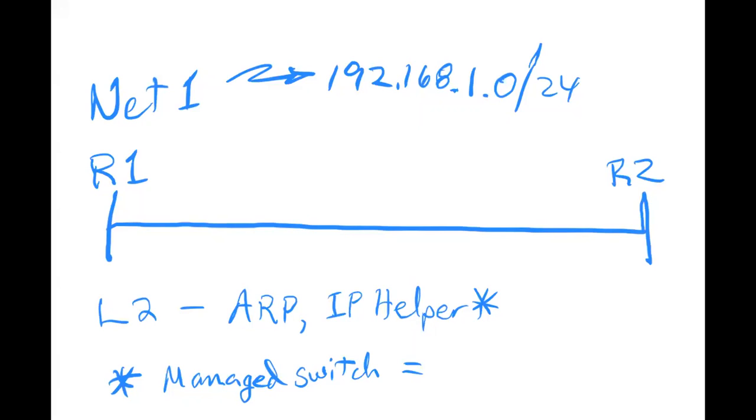So as soon as you have a managed switch, you can specify on layer 2 while ARP is going on, right? You have this broadcasting, the IP helper, and you may not think that's a big deal, but it allows you control. And you're saying, well, my devices already know how to find a DHCP server when I connect devices at my home to my wireless router.